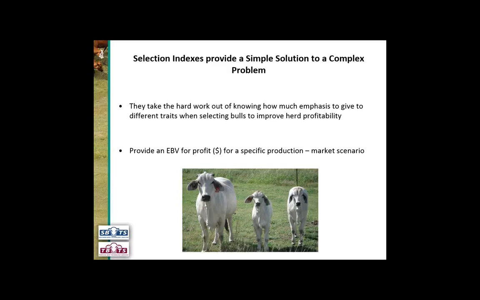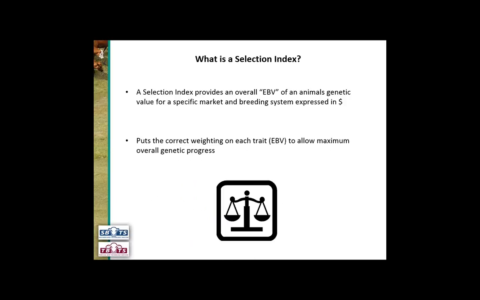So indexes are actually an EBV for profit for a specific production market scenario. As I said, it's an overall EBV of an animal's genetic value for that particular market and breeding system, and the important thing is that it's expressed in dollars, which is all about profitability.